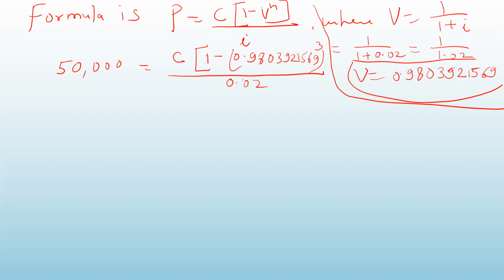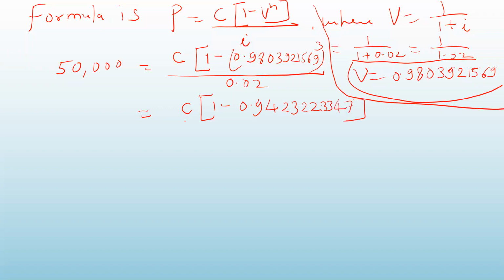Correct? Now, as you have calculated this just now, it is already on the screen of your calculator, so you can find its power. Raised to power 3 you want, so that you need not waste time typing these numbers again and again. So 1 minus this raised to power 3 comes out to be 0.9423223347.